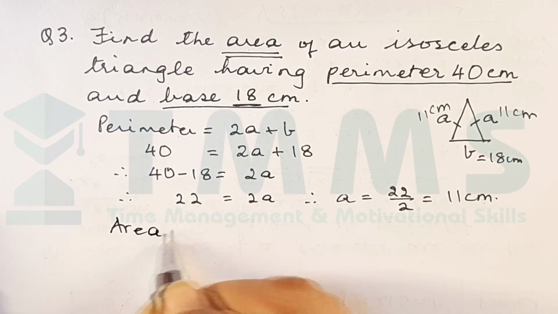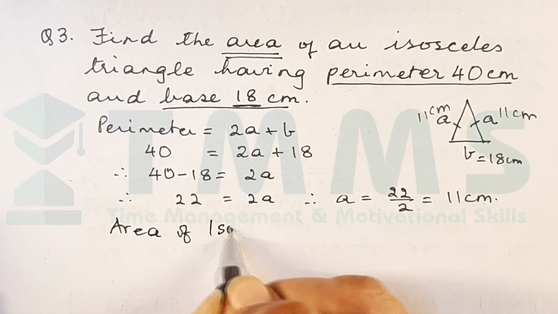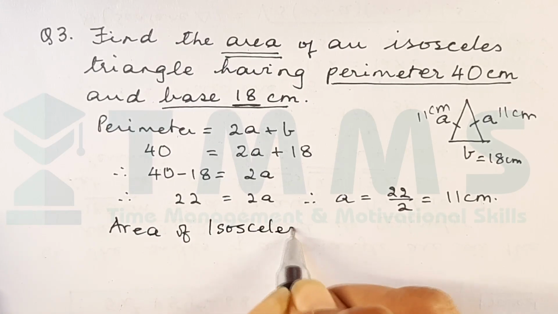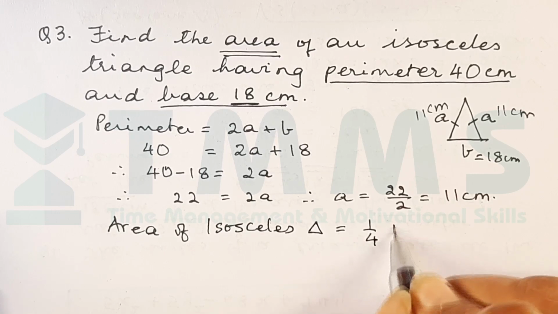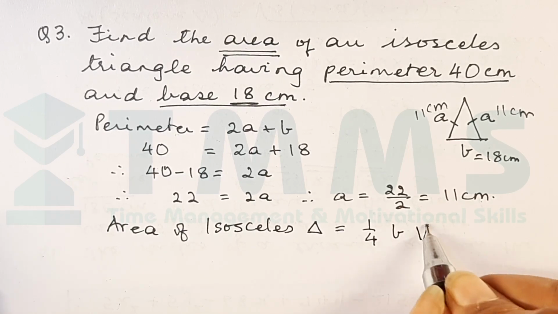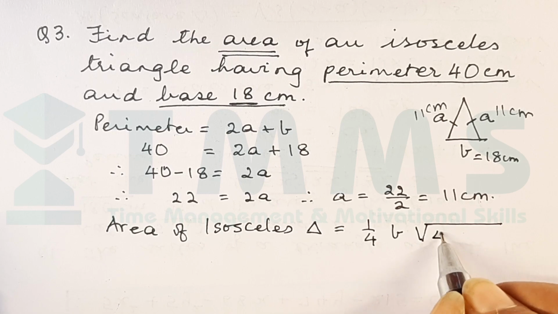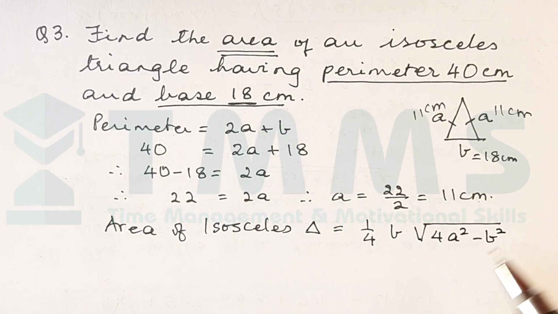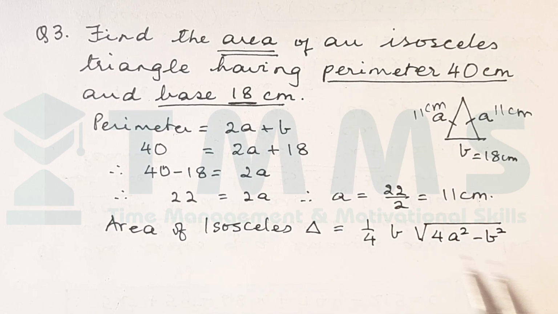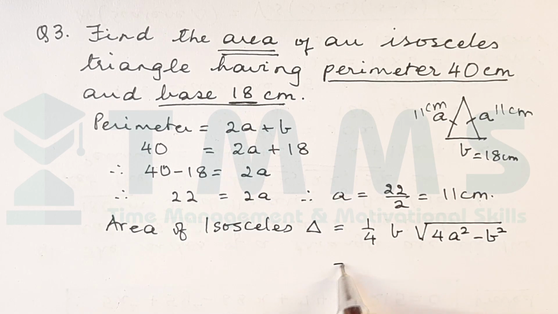Give me the area of isosceles triangle. It is 1/4. What is our formula? 1/4 b into under root 4a square minus b square. You got it right? Okay.